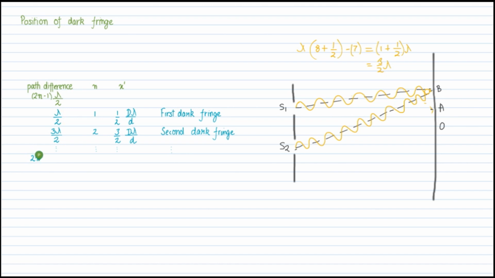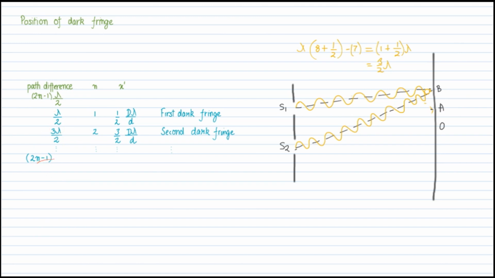This is an even number. Now if I subtract 1 from this, then it will be an odd multiple. That's why you see 1 here, then 3 here, then 5, 7. You can get those values using 2n minus 1.